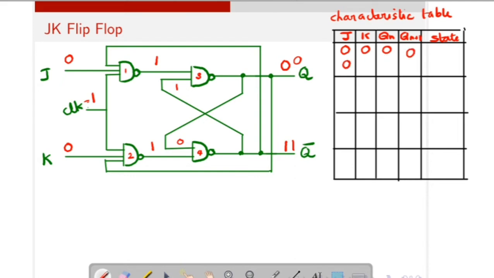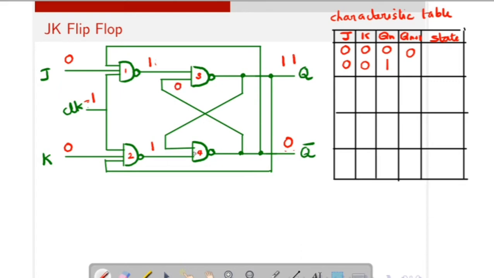Next we consider J is equal to 0, K is equal to 0, and present state is equal to 1. So inputs are the same, 0 0. So here present state is 1, its complement is 0. For the third NAND gate, one of the inputs is equal to 0, then output is equal to 1.